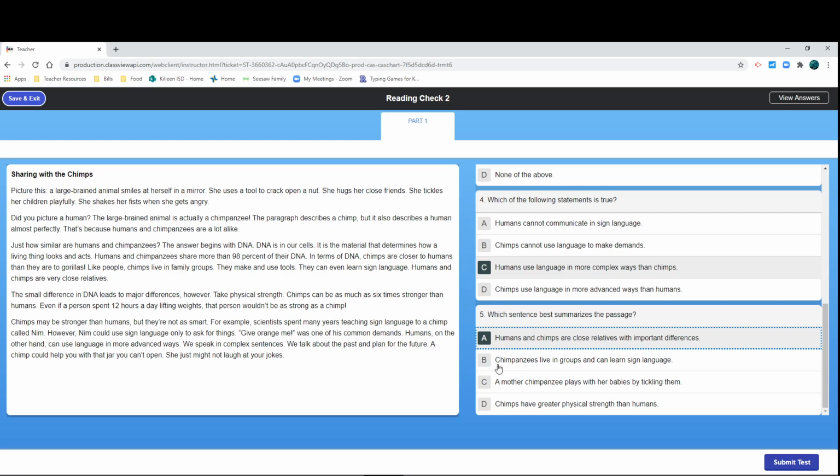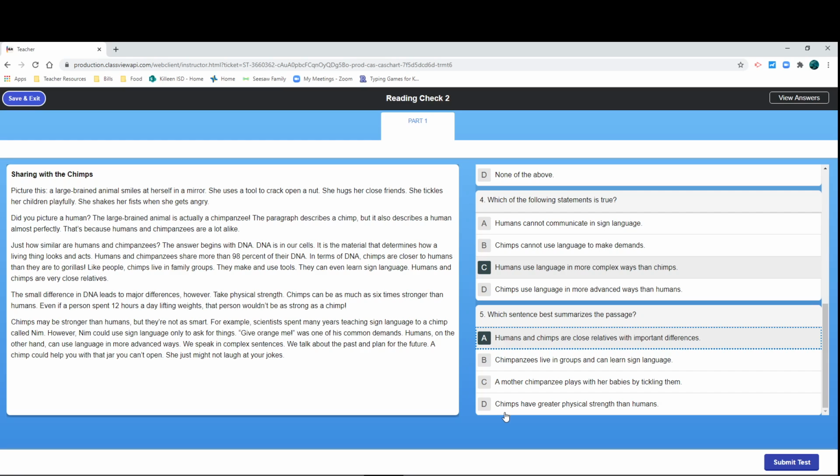The rest of the statements, if we were to go through and analyze them a little bit, chimpanzees live in groups and can learn sign language. That's mentioned in here, but it's more of a detail. It's not the main overarching point of the whole passage. A mother chimpanzee plays with her babies by tickling them. Well, that's great, but there is still mention of humans in here.